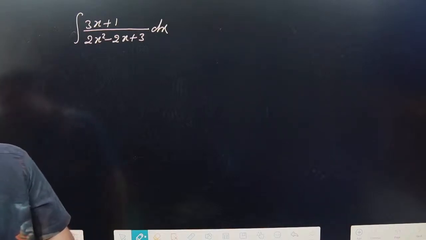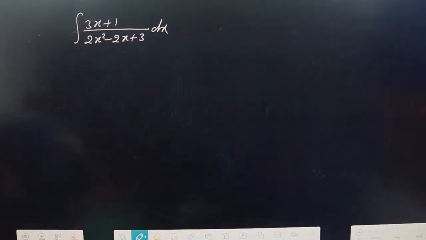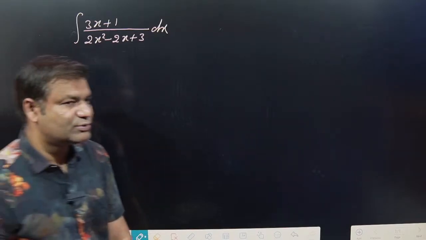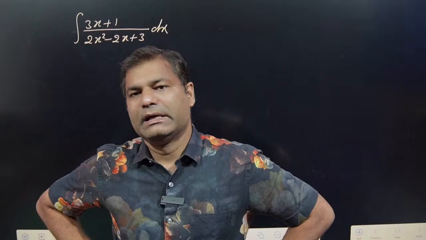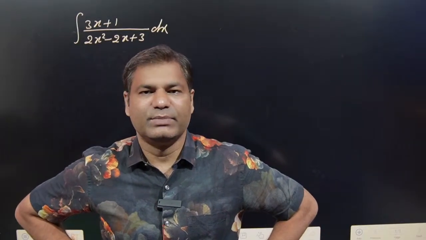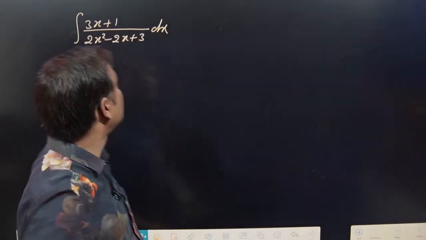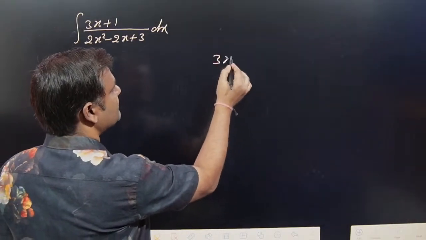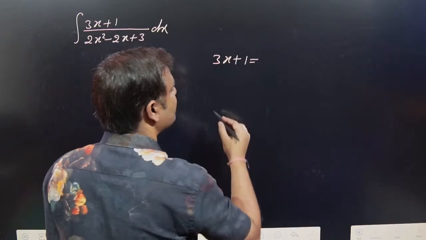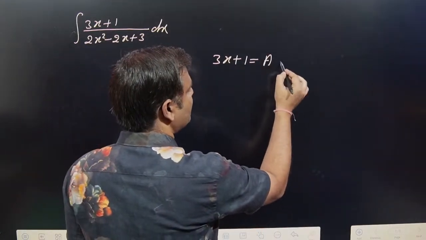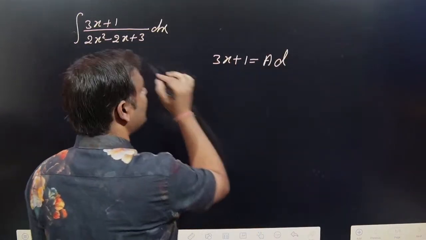Simply look here very carefully. I have already said this format is matching px plus q divided by ax square plus bx plus c into dx. So the numerator part is taken as: this one, 3x plus 1, is written as A into differentiation of the denominator.